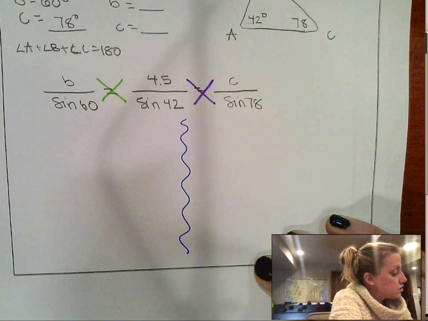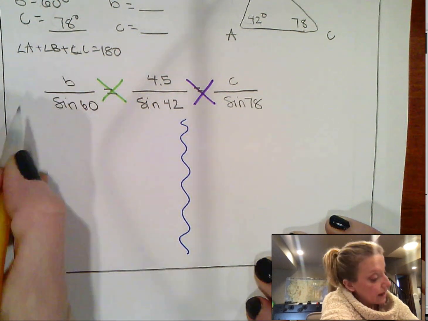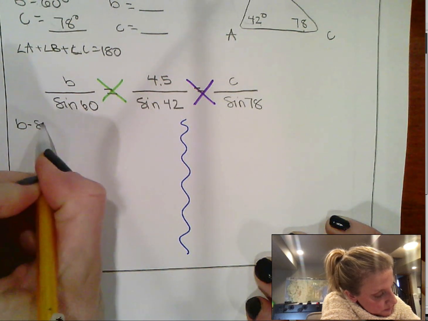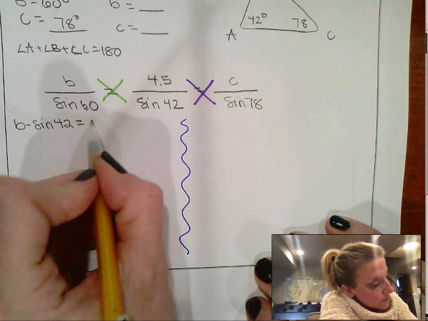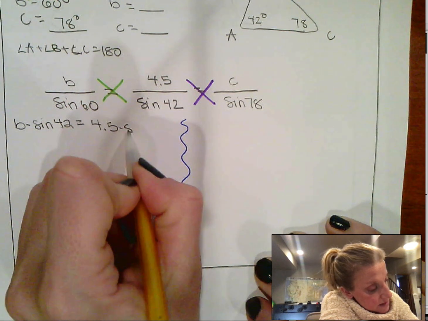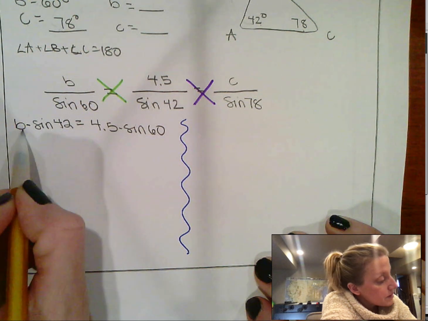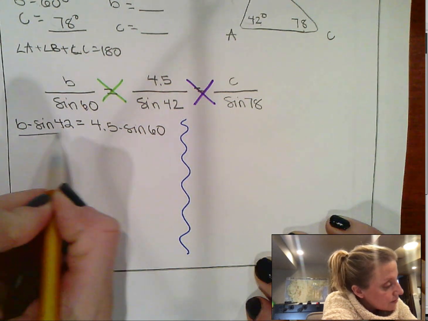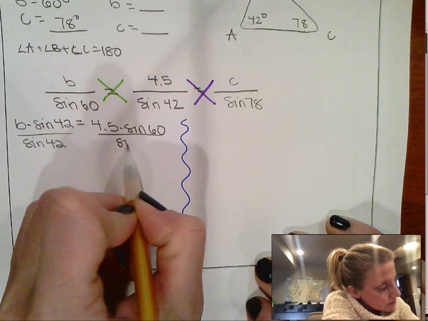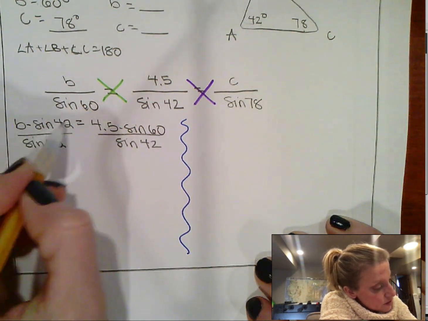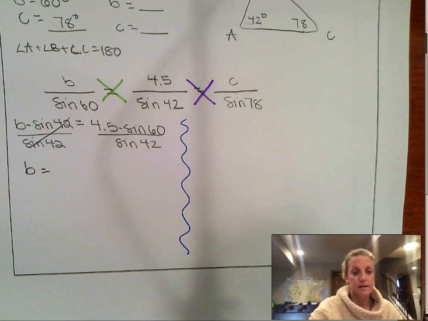All right, so if you look here on the left, B times the sine of 42 is going to equal 4.5 times the sine of 60. So to solve for B here, since B is multiplying the sine of 42, I'm going to divide both sides by the sine of 42. So they cancel here.